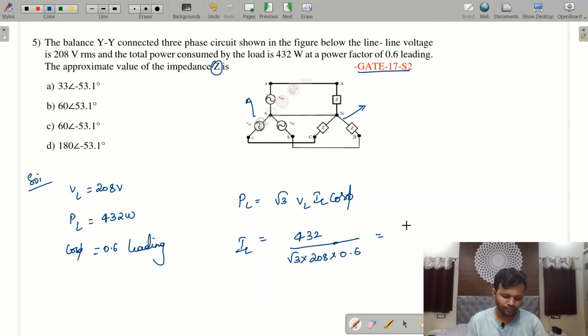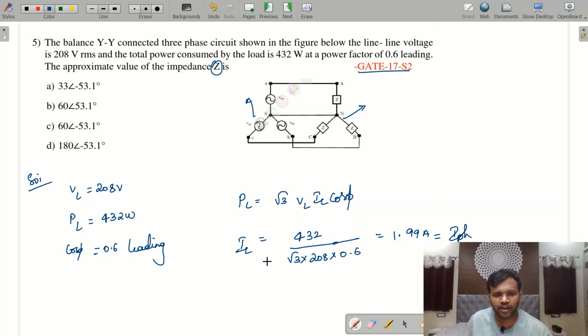If you solve this, we will get it as 1.99 amperes, which will be your phase current, okay.